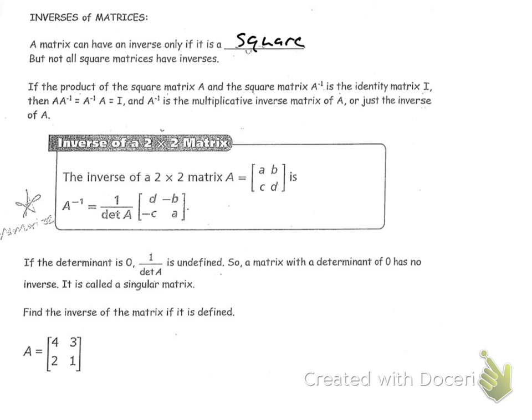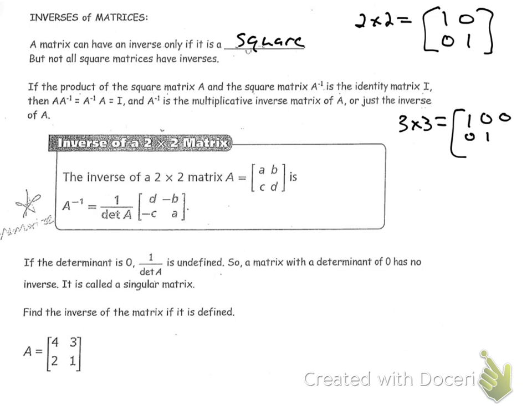What an identity matrix looks like is a little pattern. A 2 by 2 would be 1, 0, 0, 1. A 3 by 3 identity matrix would be 1, 0, 0, 0, 1, 0, 0, 0, 1. That pattern would continue. A 4 by 4 would be 1, 0, 0, 0, 0, 1, 0, 0, 0, 0, 1, 0, and 0, 0, 0, 1. That pattern will just continue down.